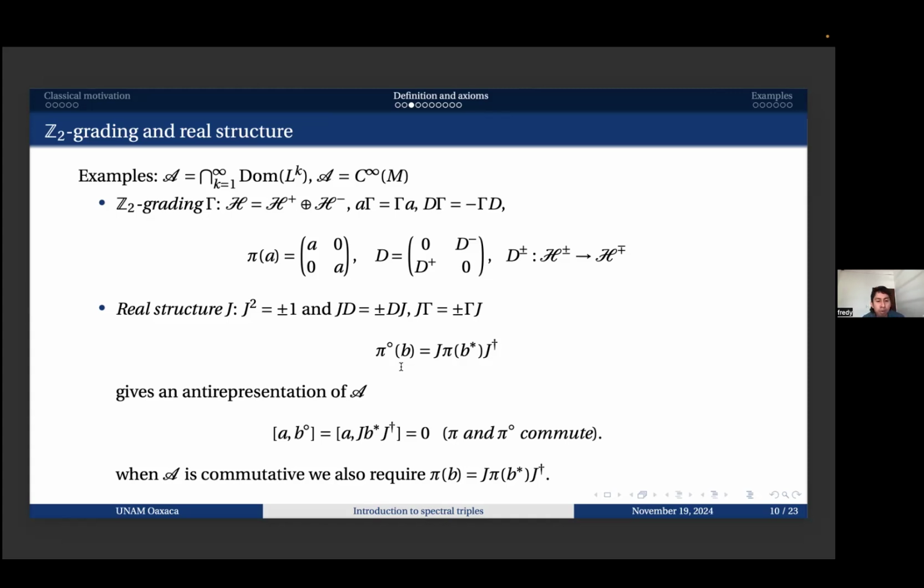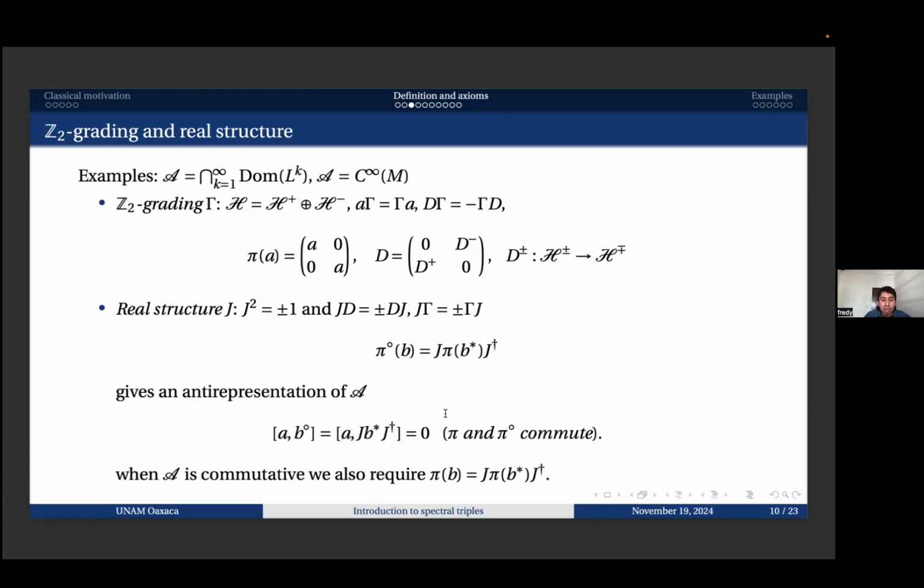Why is this real structure very important? It is important because J allows us to construct a representation of the opposite algebra A. That's what I mean by anti-representation of A.